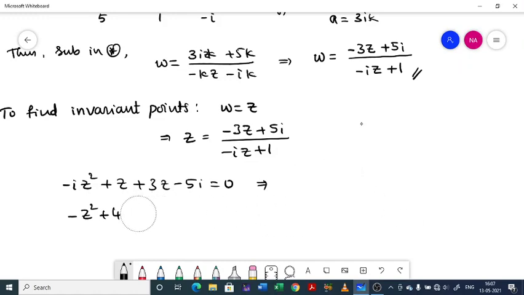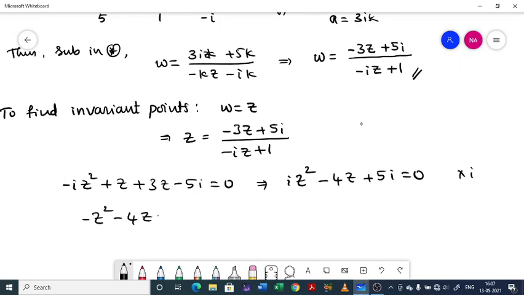Okay, let us repeat this again. Multiplying by minus sign, it is iz square plus 4z, multiplying by negative sign, minus 4z plus 5i equal to 0. Multiplying it by i, minus z square minus 4zi minus 5 equal to 0, or it is z square plus 4zi plus 5 equal to 0.